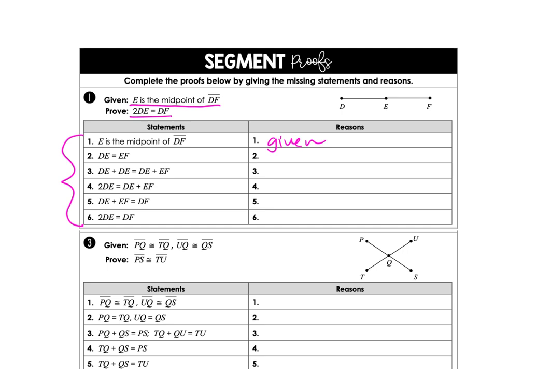Now, to get from that statement that it's a midpoint to the fact that DE equals EF, that these two are equal in length, why do we know they're equal in length? It's the definition of a midpoint, right? They told us it was a midpoint. So the definition of a midpoint tells us that they will be equal. Okay, definition of a midpoint.